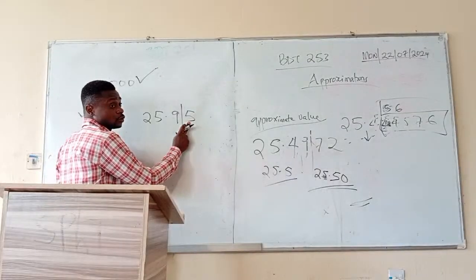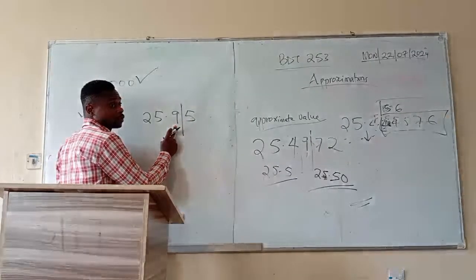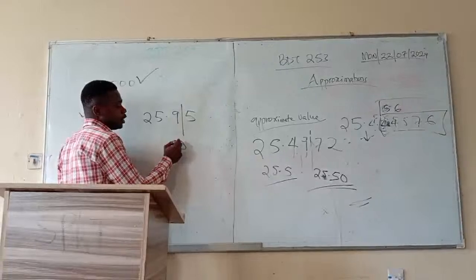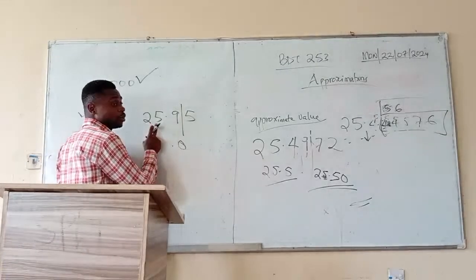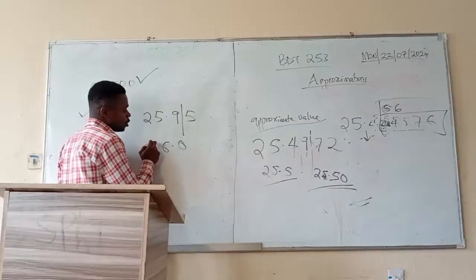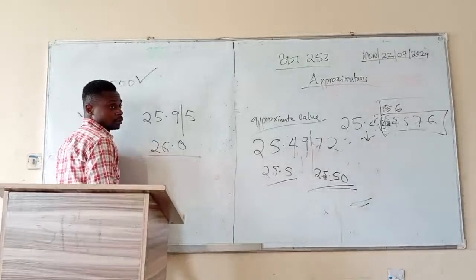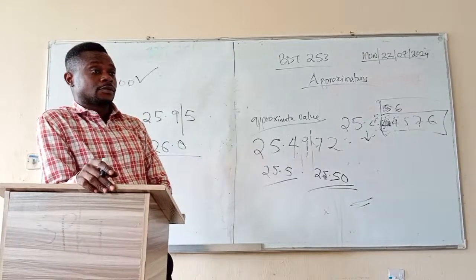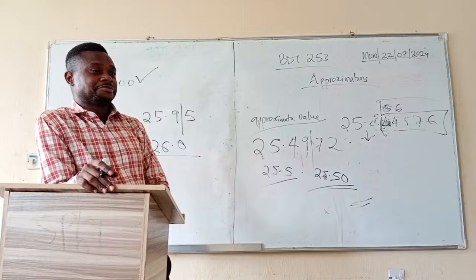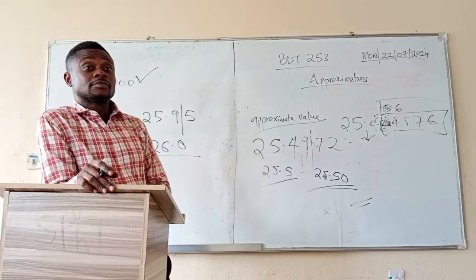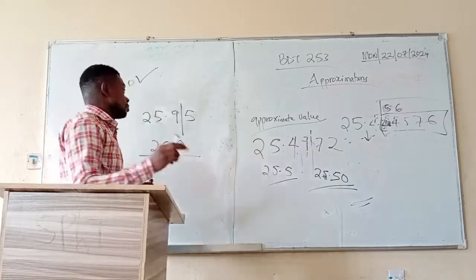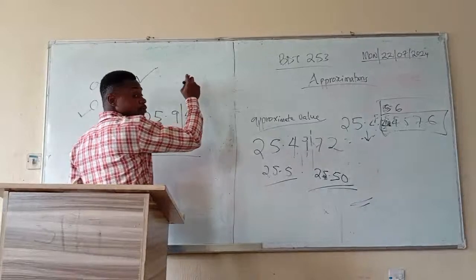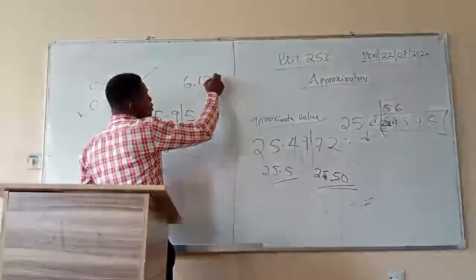So here becomes what? And what else are we going to do? Here becomes what? 6 point what? 129.